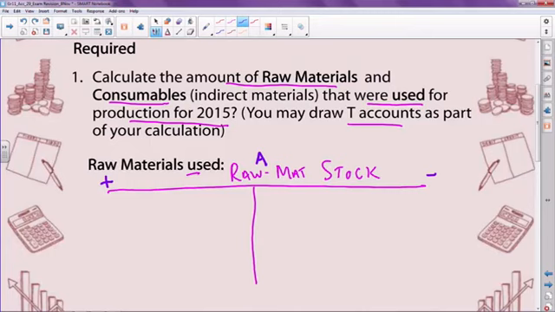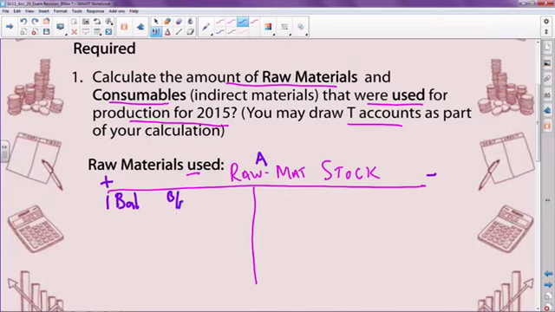Not necessary for you to do a T account. You can do this by means of a calculation, but as accounting students, remember, we are comfortable with the general ledger. So let's start with this particular account, raw material stock account. I'm going to start off with my opening balance.